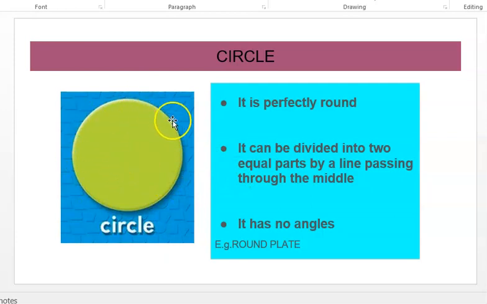Because it is made up of a continuous curvy line, a circle has no angles. There are no straight lines and there are no meeting points. An example of a circle is a round plate, a full pizza, or a full moon. Those are some examples around us that have a circle shape.